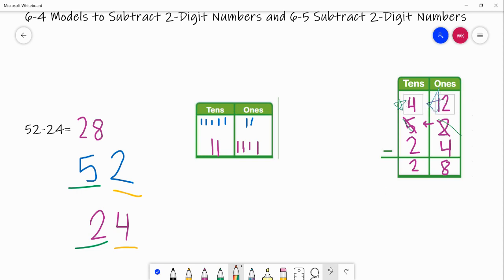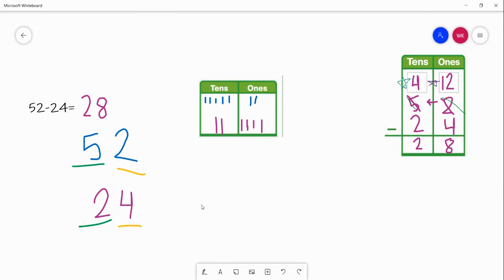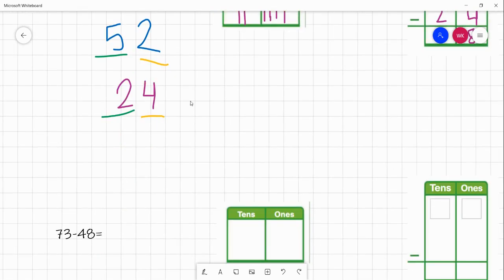I like these boxes because it shows your regrouping or where to put your regrouping so it doesn't get you confused. All right, so remember you can always pause a video if you need me to stop to understand and write all this down.